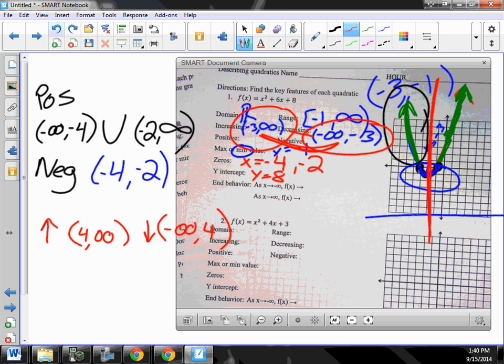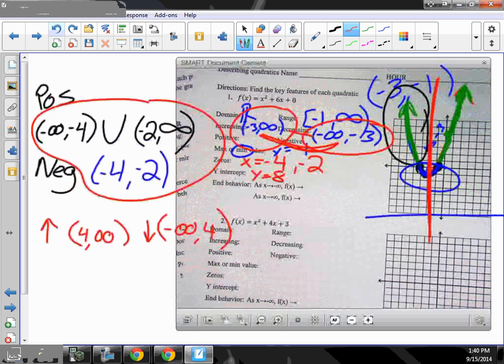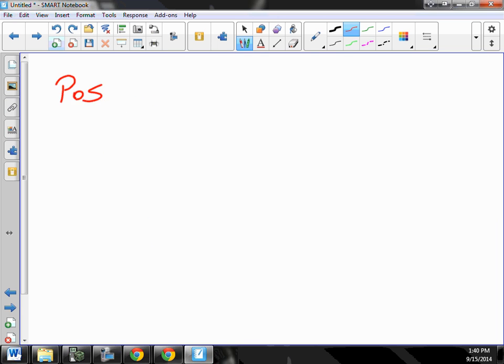Okay? Do you notice a pattern there? So the right side of that left piece and the left side of the right piece describes the negative portion. So if I told you that it was positive from 1 to 3, could you tell me the negative?